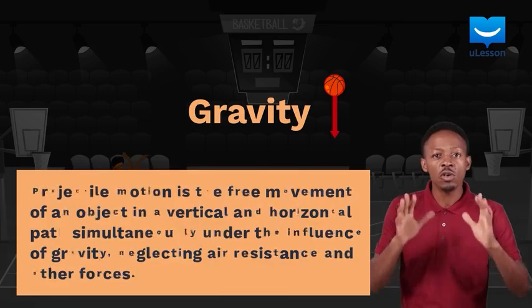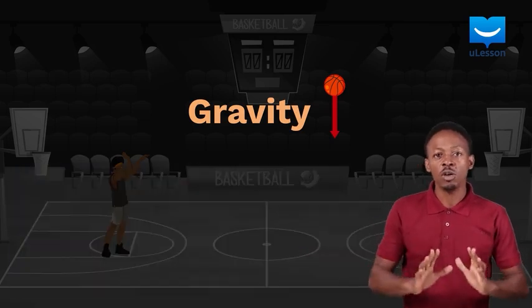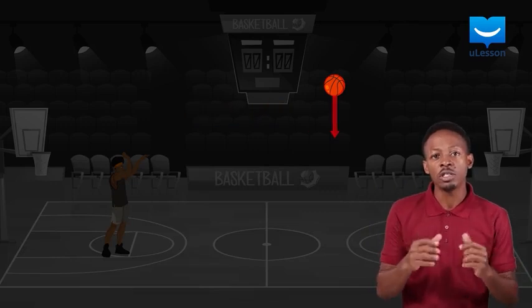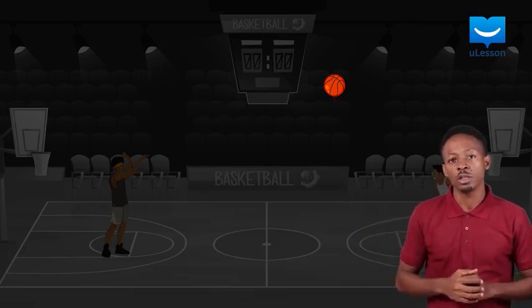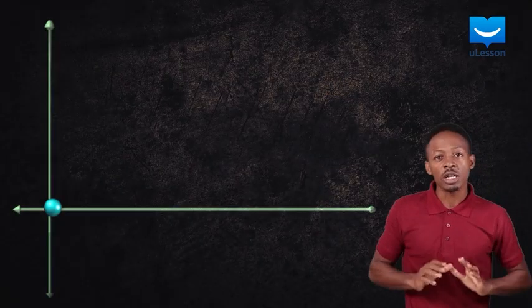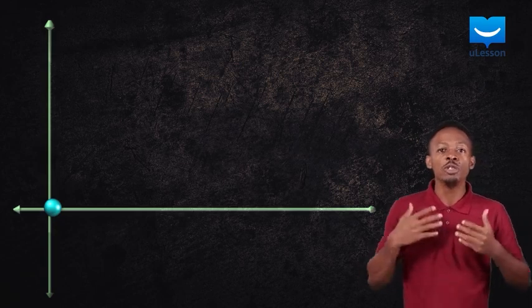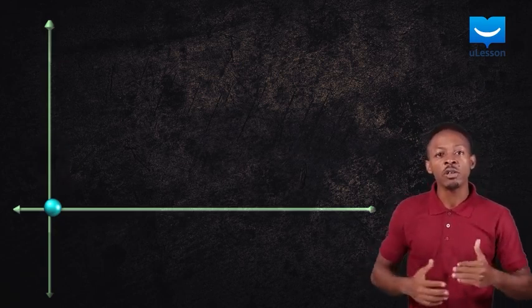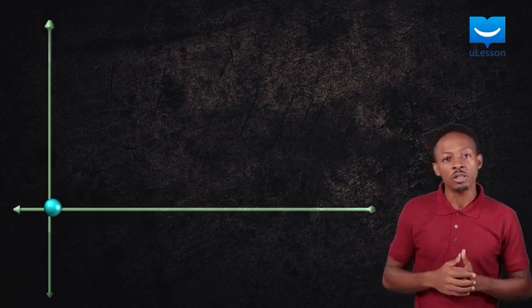But if gravity is the only force acting on an object moving in projectile motion, then how does this gravity affect the motion of the object? Remember we said that an object moving in a projectile path is traveling simultaneously in the vertical and horizontal components.